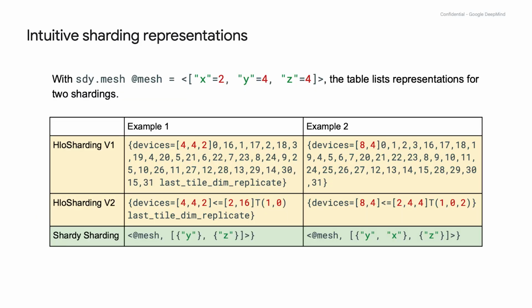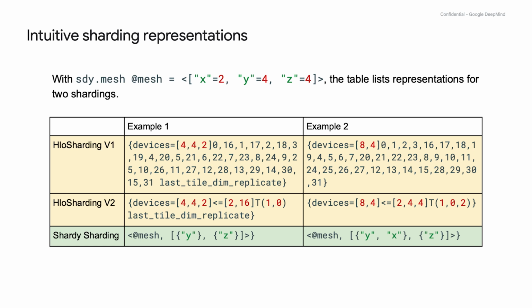With Shardy, we provide a much more intuitive representation than the original HLO sharding and the GSPMD sharding. As shown in this figure, since the sharding representation now relies on the mesh axes, it's much clearer to notice the difference between these two shardings.